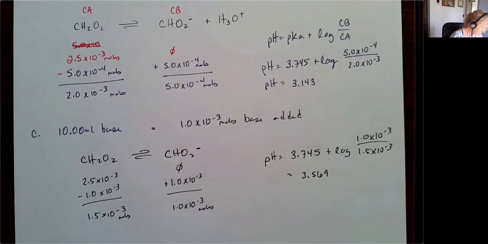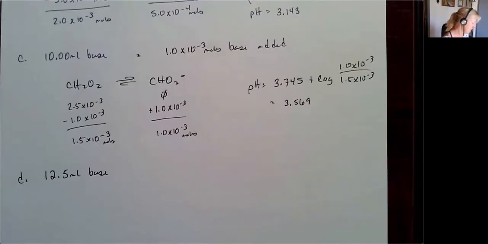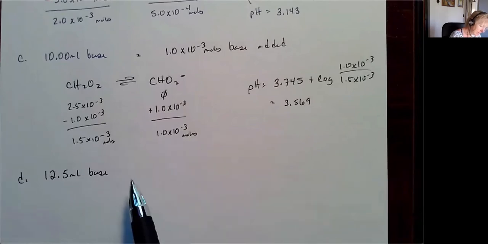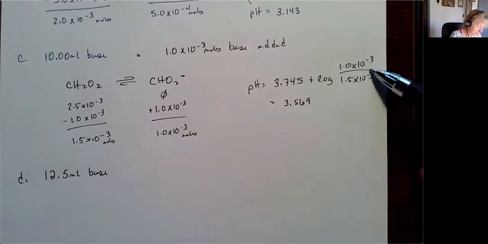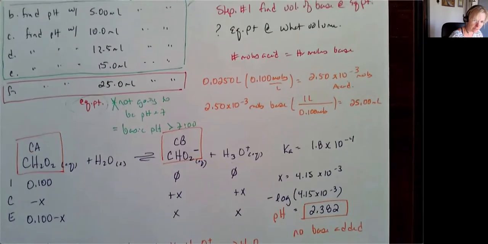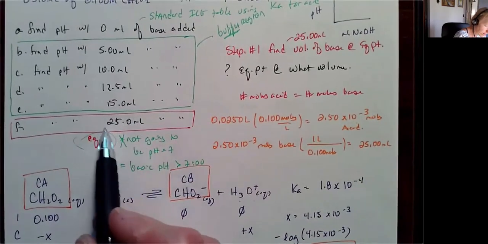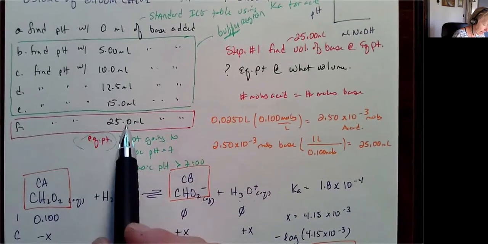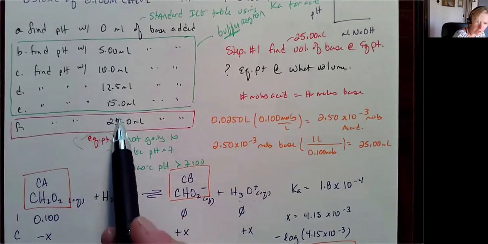All right, D is at 12.5 milliliters of base, and this is a unique point. At this point, these two values are going to be the same. I'm at what I call a half equivalence point. So if it takes 25 mils to get to the equivalence point, at 12.5 mils, I'm halfway there.